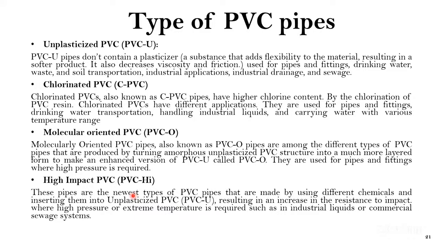And this high impact PVC, these pipes are the newest type of PVC pipes, made by using different chemicals and inserting them into the unplasticized PVC, resulting in an increase in resistance to impact. Whether chlorinated, molecular oriented or high impact, we try to develop them as per our own needs. As I told you in the case of polystyrene also, we modify the polymer for our own application.